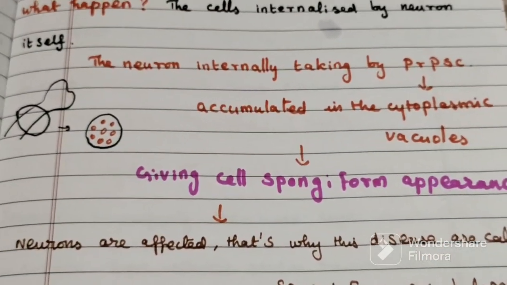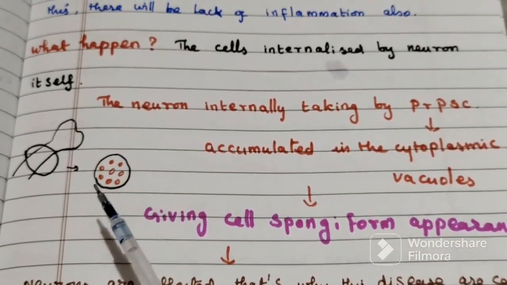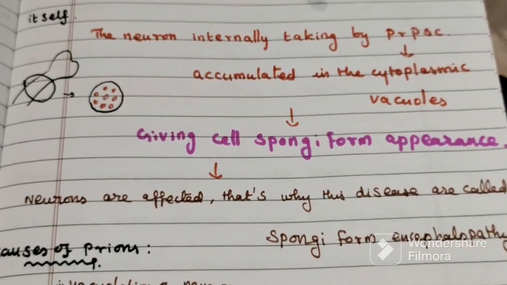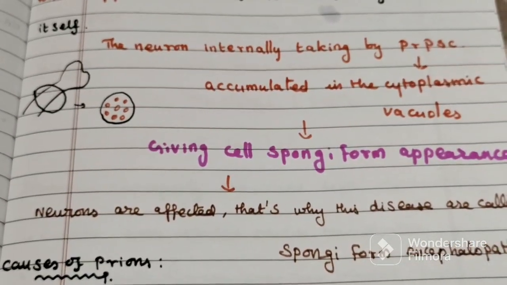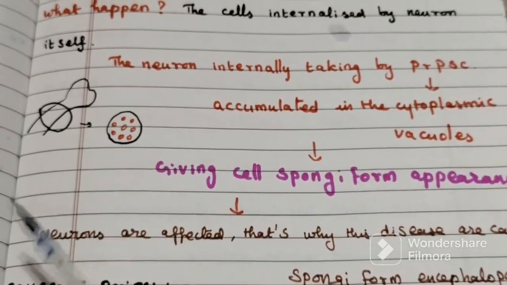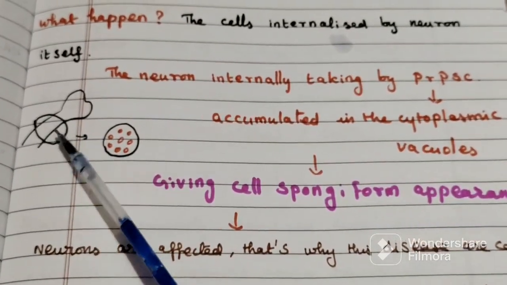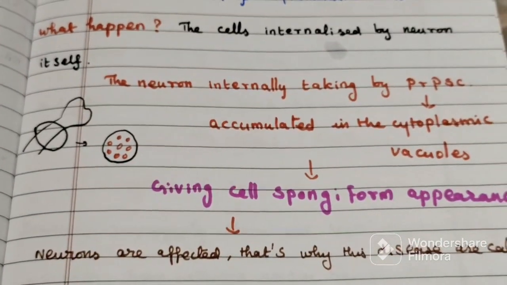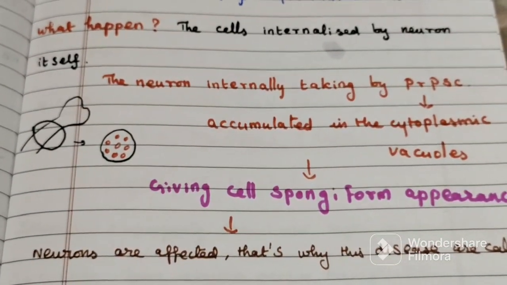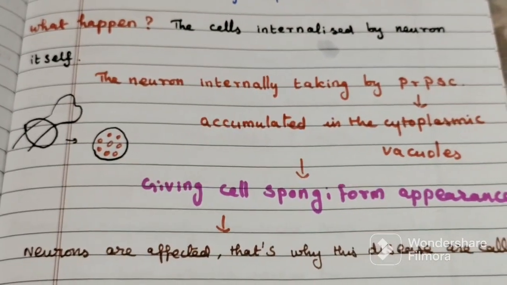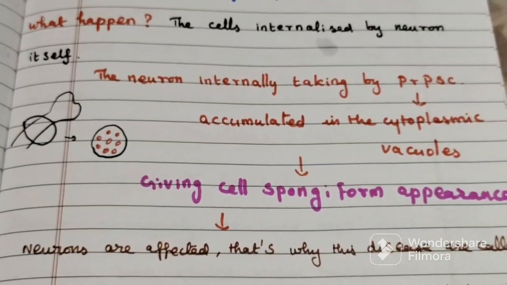All the vacuoles contain PrPSc. PrPSc binds with PrPC, and it goes to the nerves. The nerves internalize this PrPSc, which accumulates in the cytoplasmic vacuoles, giving the cells a spongiform appearance.